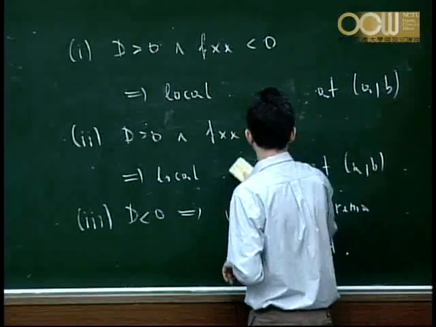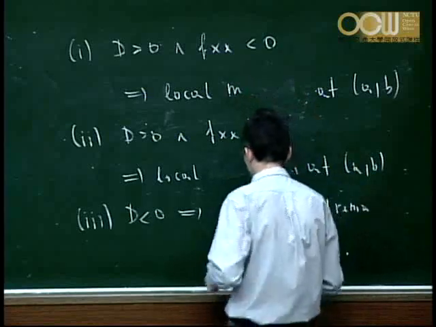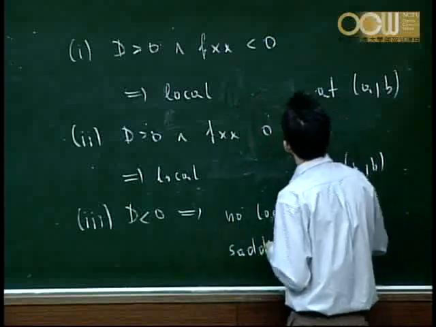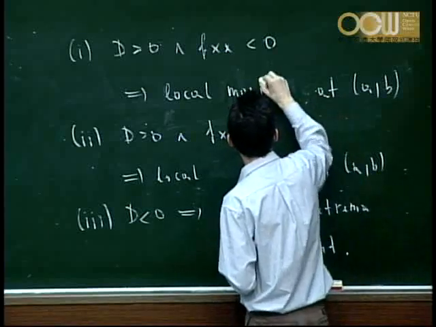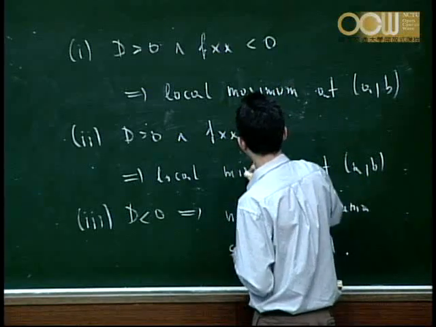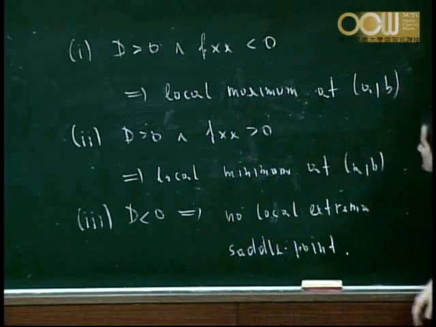Yeah, you're right. So this is a maximum and this is a minimum. No, okay, now I know what you mean. Okay, so this is a maximum, and this is a minimum. Okay, thank you.